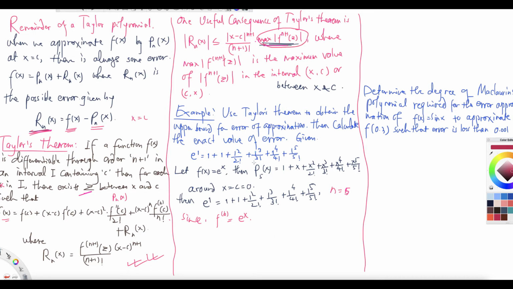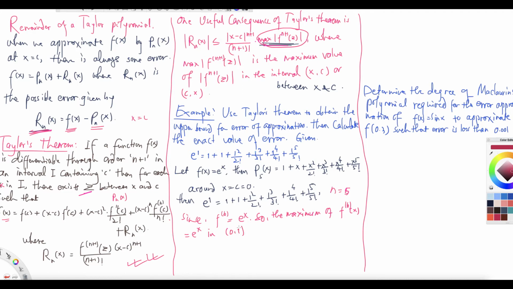So we write: the maximum value of f6 of x, which equals e to the x, in the interval 0 to 1.